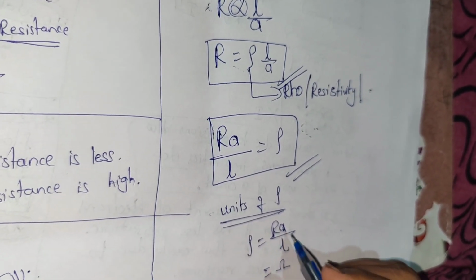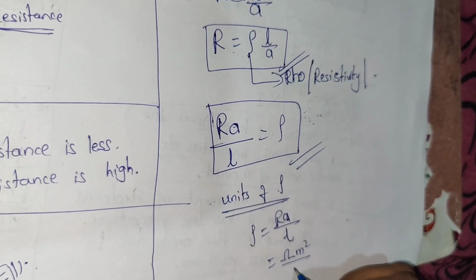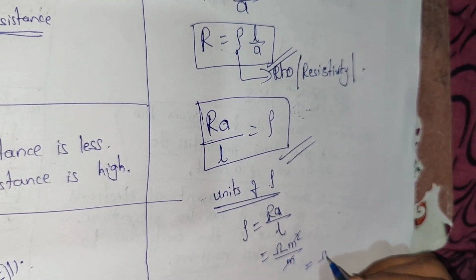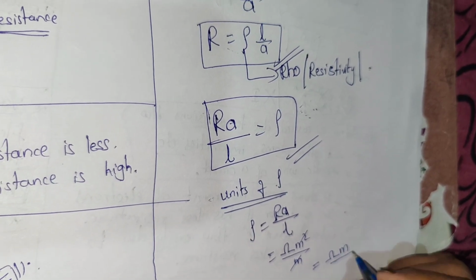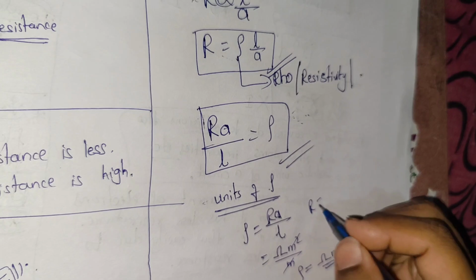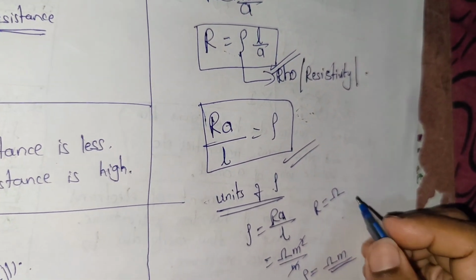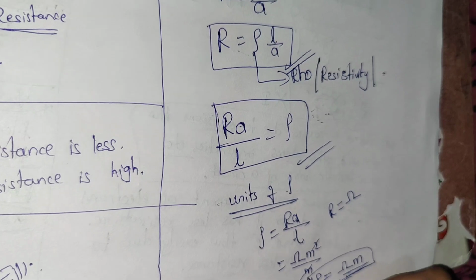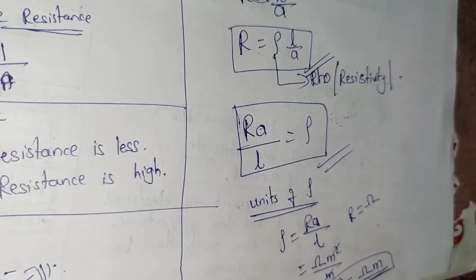A, area of cross section, is meter square, length also meter. This meter square will cancel, so the unit is ohm meter. Rho is ohm meter, whereas resistance is ohm. This is the SI unit of rho, ohm meter.